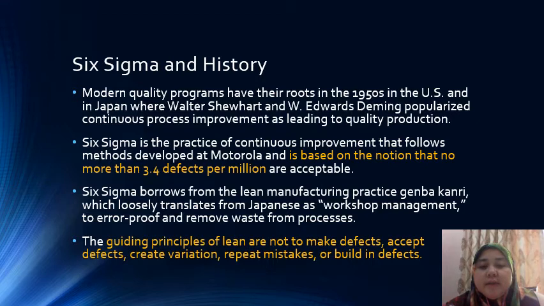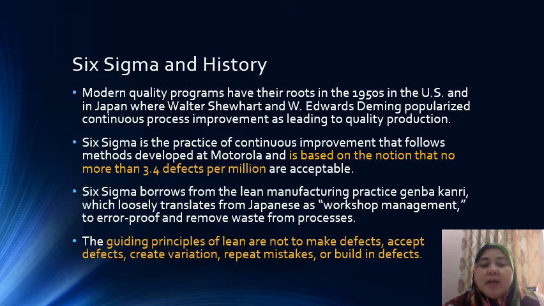So Six Sigma basically borrows the lean manufacturing practice, I take this from Gemba Kanri. Gemba Kanri is a Japanese word, which loosely translates as workshop management. It's basically for error proofing and to remove waste from processes.